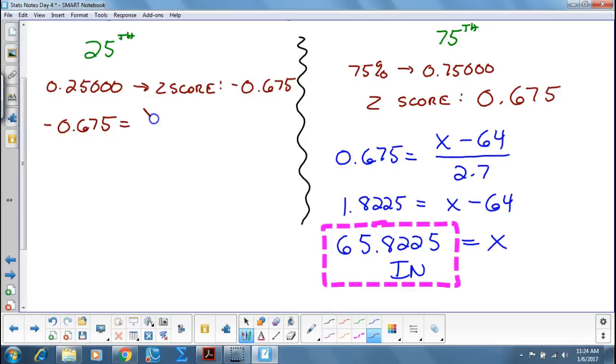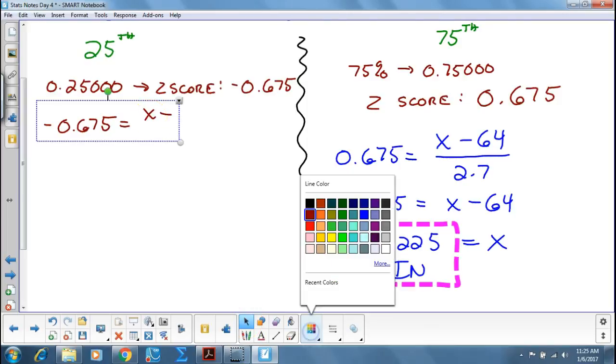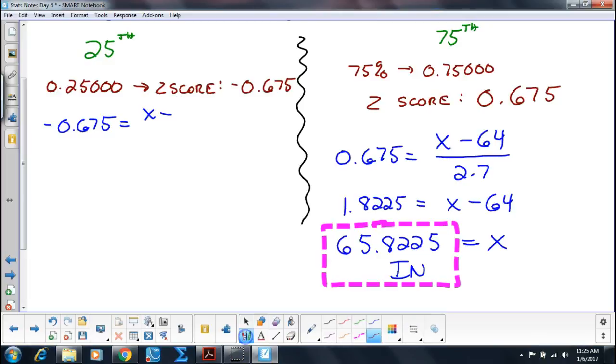It's going to equal x minus 64 over 2.7.